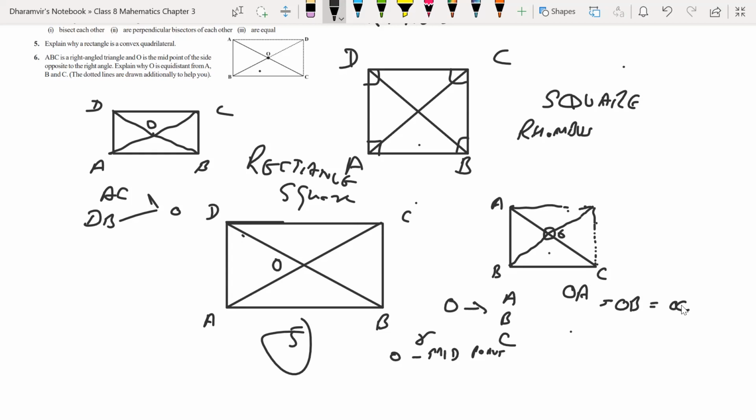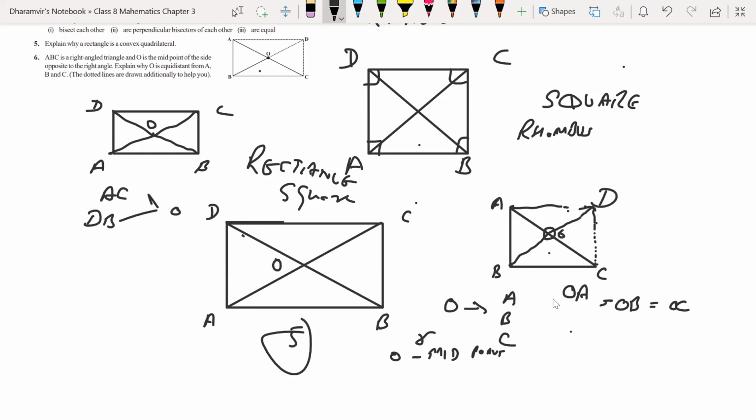Let's draw a line from A parallel to BC. This is the line AD. This line is parallel to BC. Draw a line from C parallel to BA. Let them meet at point D. Now join OD.